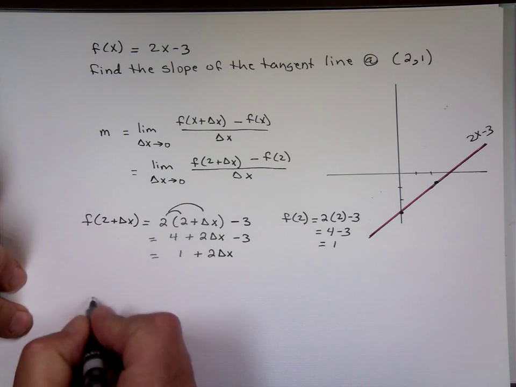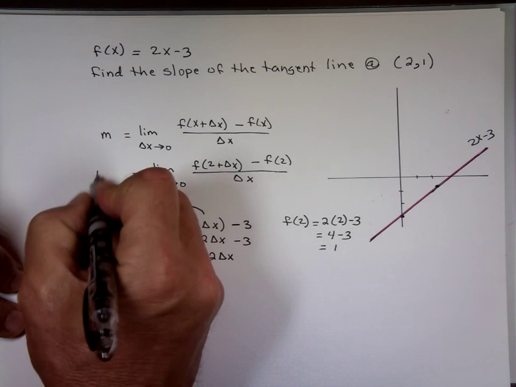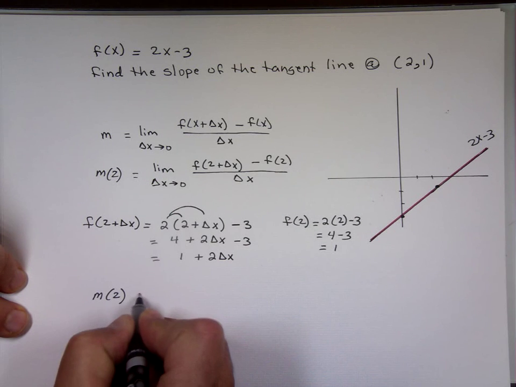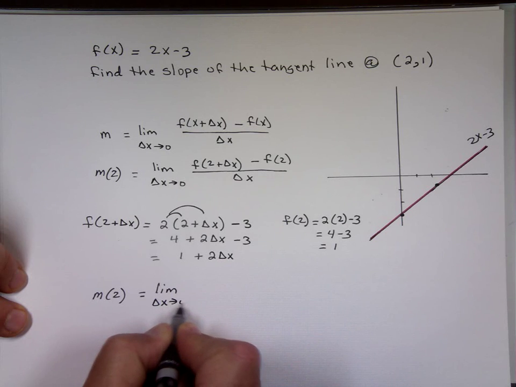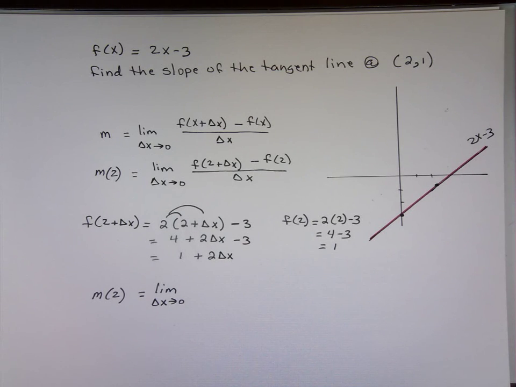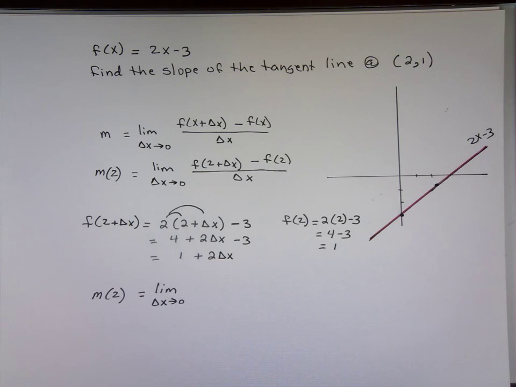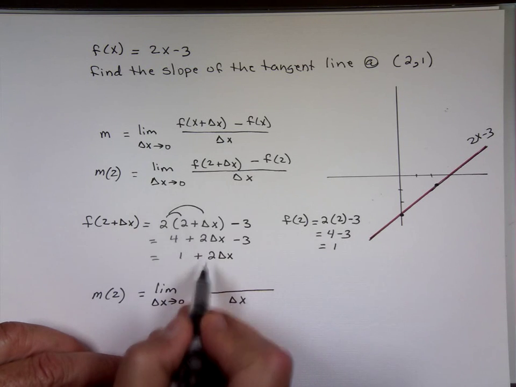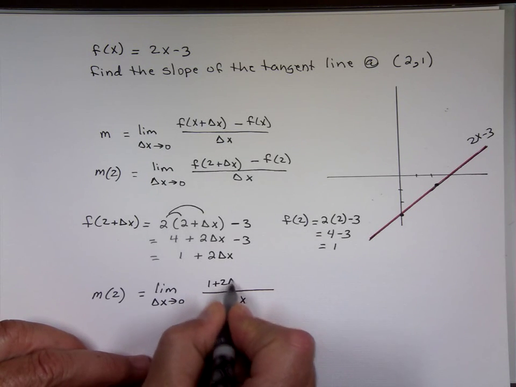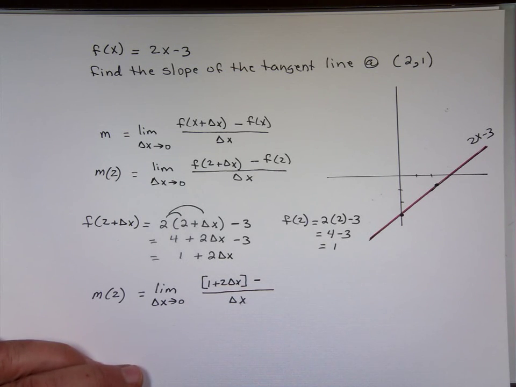So you want to find the slope at 2? Because we want it at 2, it's going to be the limit as delta x approaches 0, or you can use h if you don't like delta x. Do we know the answer to f of 2 plus delta x? The answer to this piece is right here, 1 plus 2 delta x. Minus, do we know the answer to f of 2?